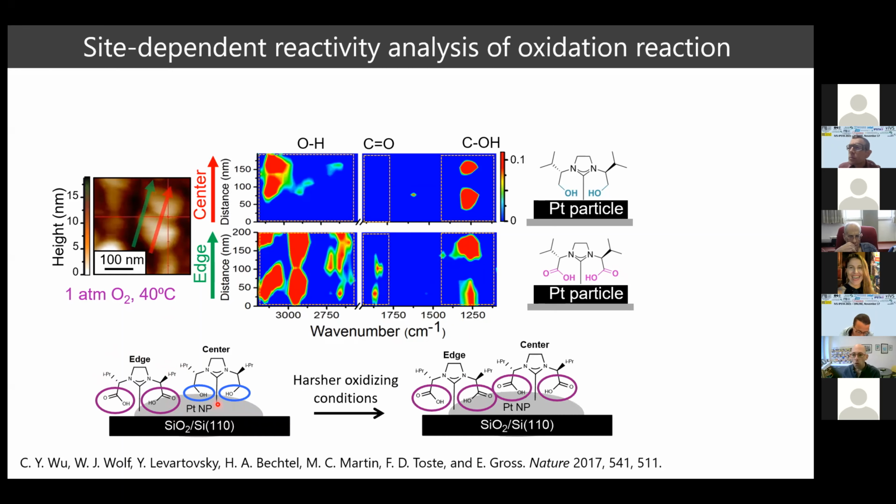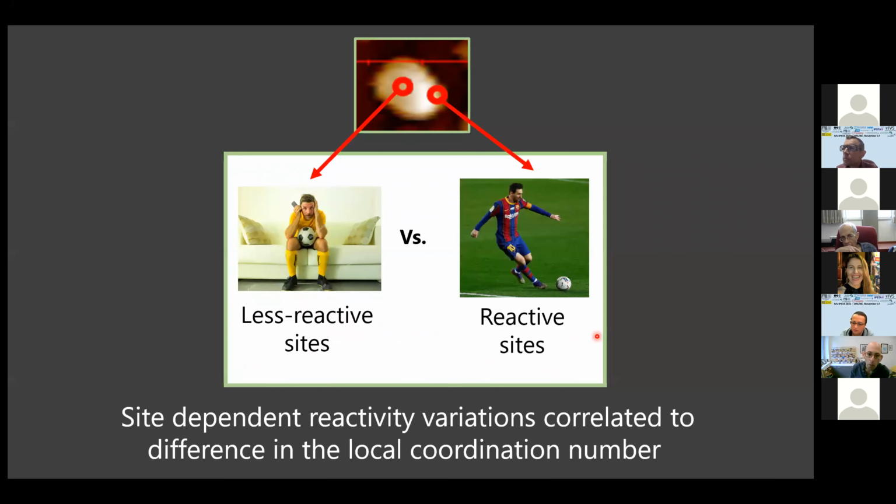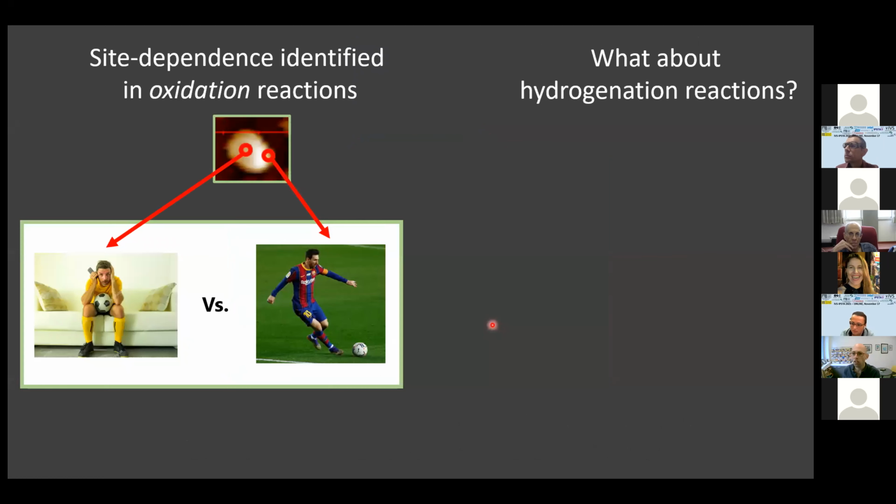And when we expose the sample to harsher oxidizing conditions, we lose this differentiation and we see reactivity across the surface of the nanoparticle. Okay, so when we look at the oxidation reaction, we can see the less reactive sites on the more flat area and the more reactive sites on the more corrugated edges. So this is in the oxidation reaction.